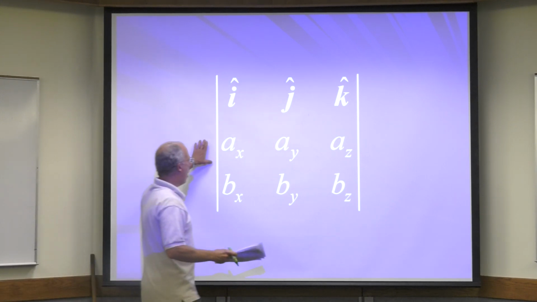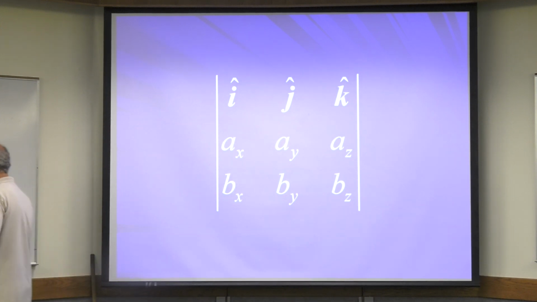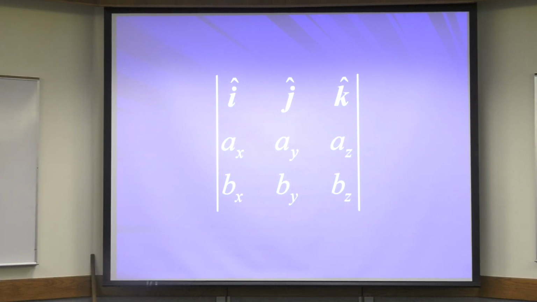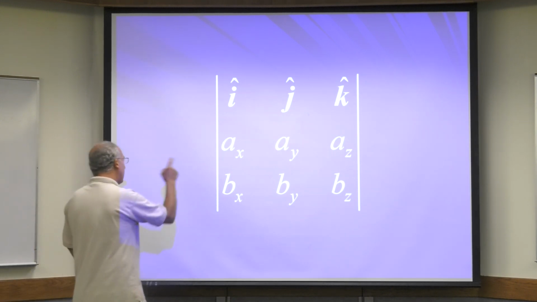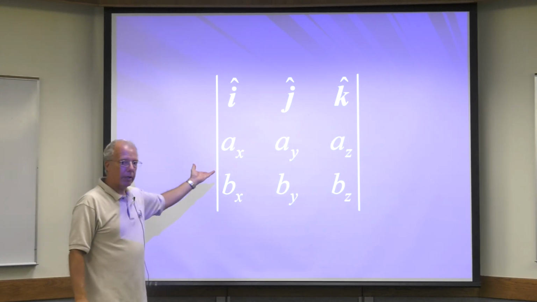So this would be like my R vector. This would be my F vector. So we've got to learn how to do this to get the magnitude and the direction of torque. So you remember at the beginning of the semester you had to pass that math exam? And one of the questions on the math exam was evaluating a determinant. Why did I ask you that? Because that's how you evaluate a vector cross product.